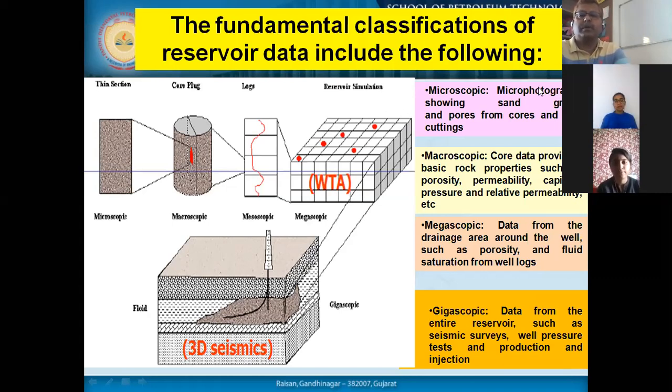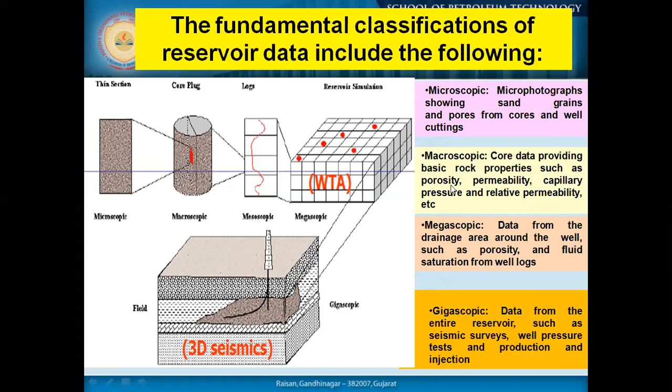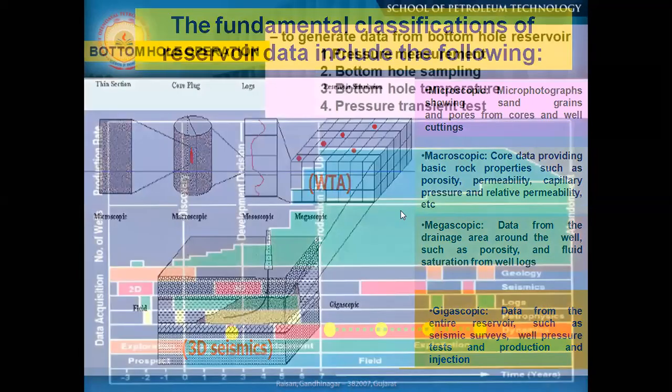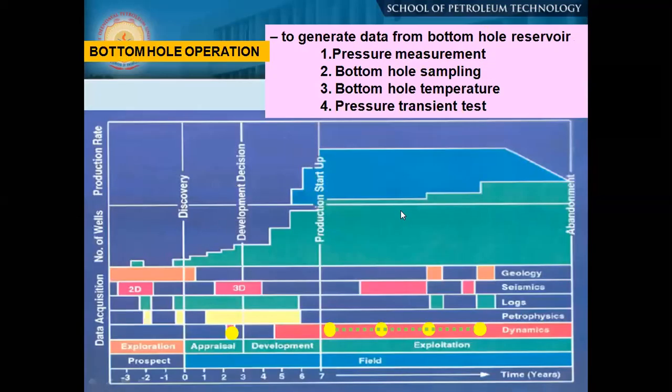Okay, in this context, what actually is well test analysis? Let's say I go through this slide again. We have the dynamic information. With a few yellow circles, initially geology, seismic, logs, petrophysics and dynamics, which is in pink color.